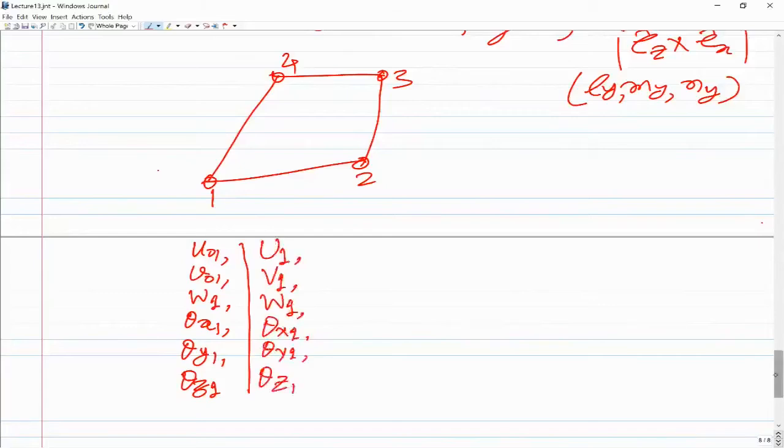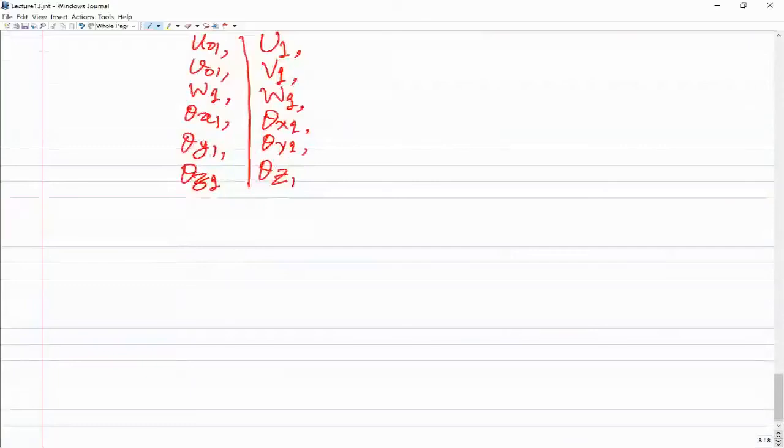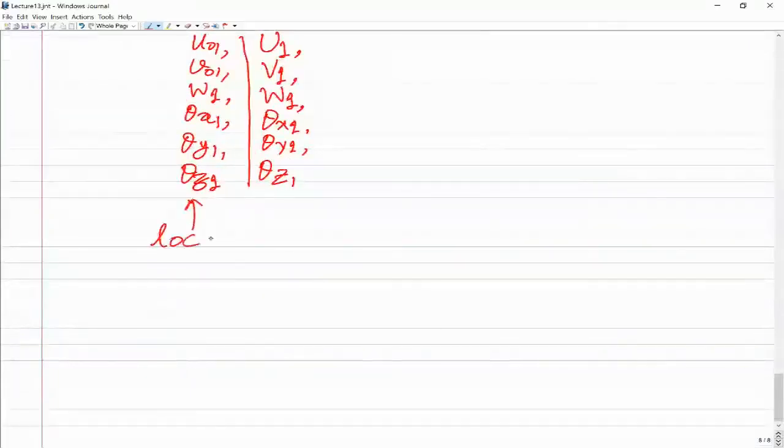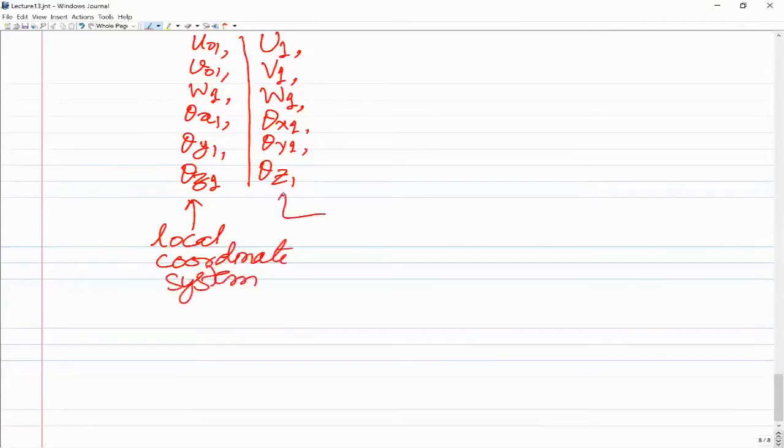So you can have this for each node. Here these degrees of freedom are in the local coordinate system, and these degrees of freedom for the same node are in global coordinate system.